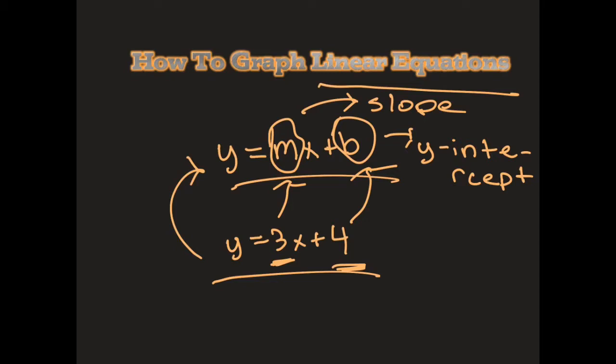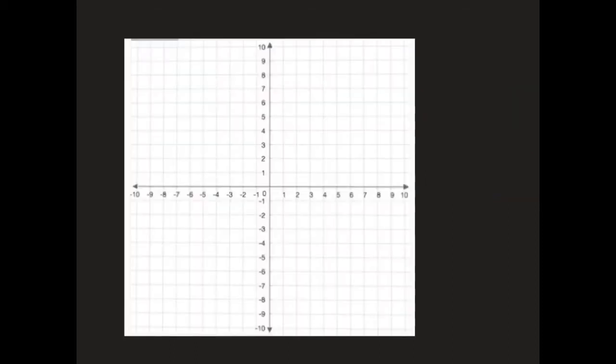So you'll be able to use this equation and the knowledge of the slope, or the m variable, and the b, or the y-intercept, to actually graph your line. But what exactly is the slope and what exactly is your y-intercept? That's what we'll be going over in the next part of this video.